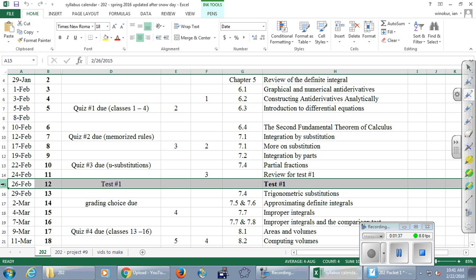The answer key for quiz 2? No, you can't photocopy the answer key for quiz 2, but you can bring with you the reference sheet that's at the front of this packet. Somebody find it. What page is that on? Page 5.